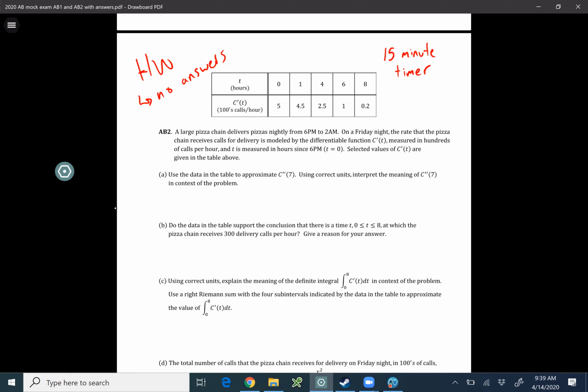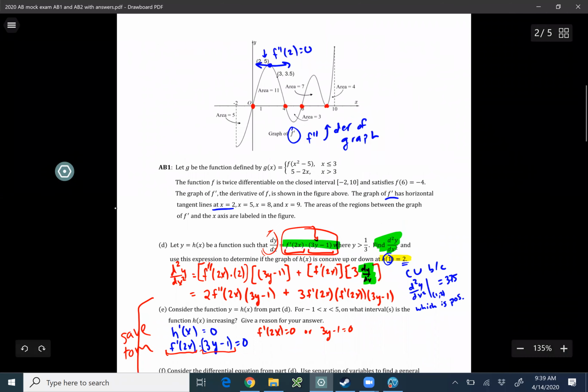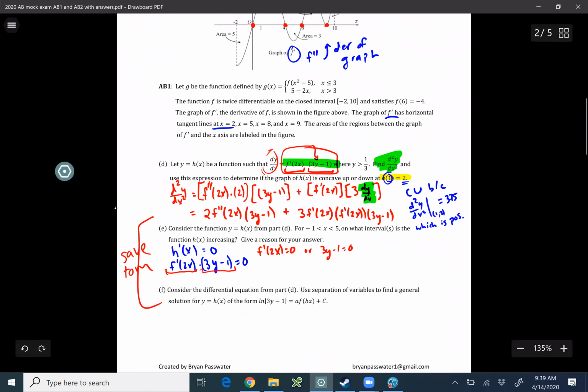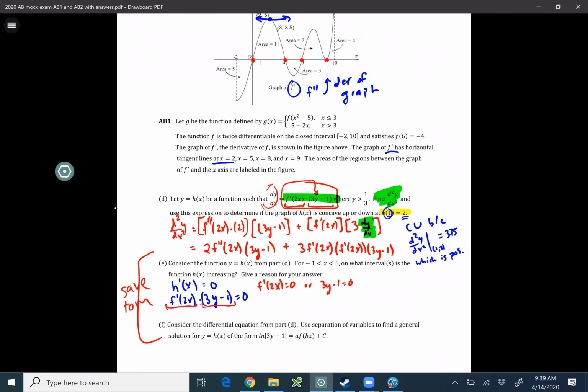So for you guys who are here, your homework's going to be AB2. If you want to redo part 1, what I'm going to assign for the whole class is to do A through D. We'll talk about E and F in tomorrow's video.